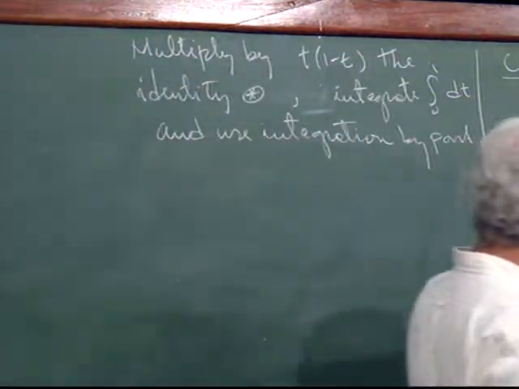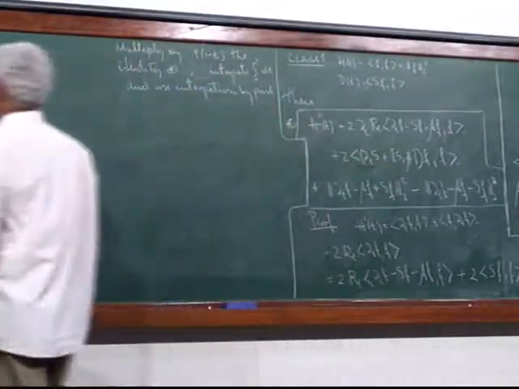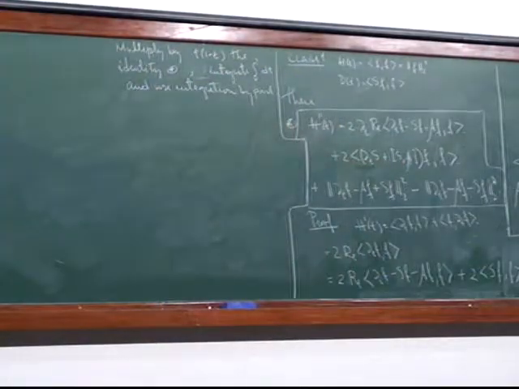This part doesn't have derivatives, so let's leave that there. Then we're going to have twice the integral between 0 and 1, t multiplied by 1 minus t, the inner product between this operator applied to f multiplied by f.